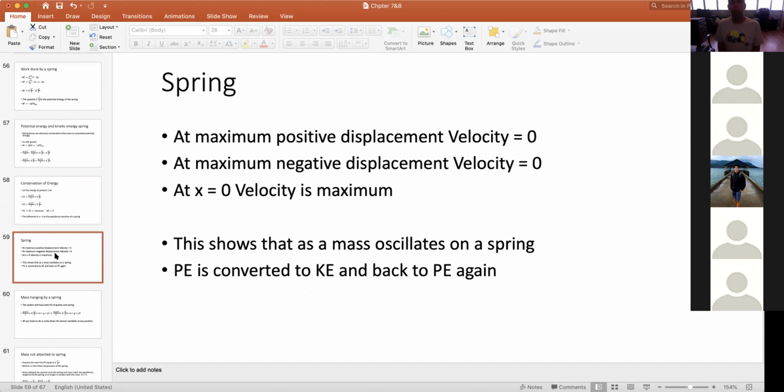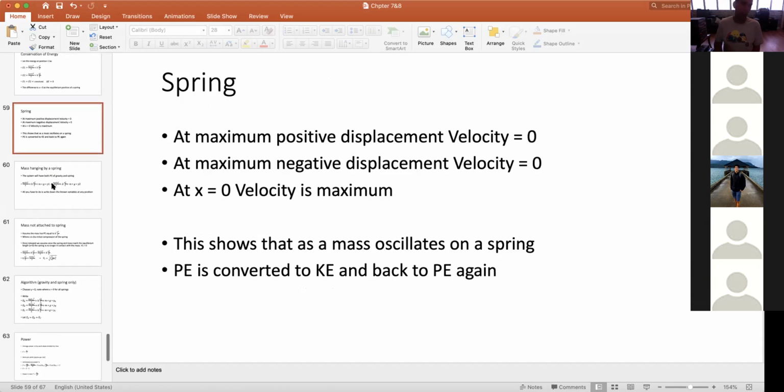So at maximum positive displacement and maximum negative displacement, when x is maximum, you get 0 velocity. When x is 0, the velocity is maximum. We know all that.